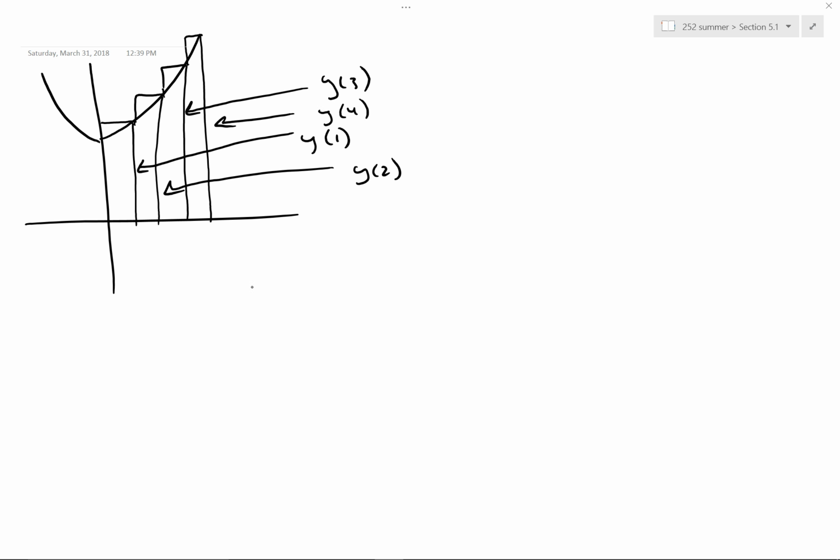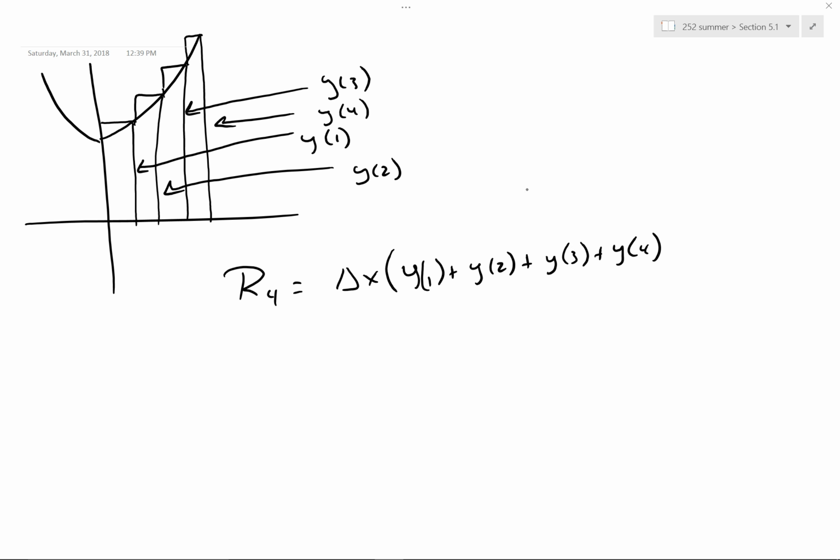Sweet! So again, R sub 4 is equal to, again, they're all going to have a delta x, we know that. And it's just going to be y1 plus y2 plus y3 plus y4.